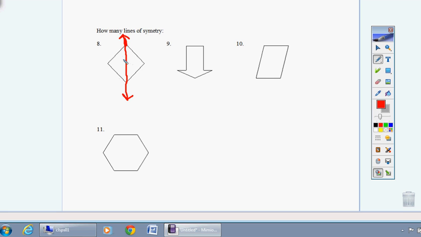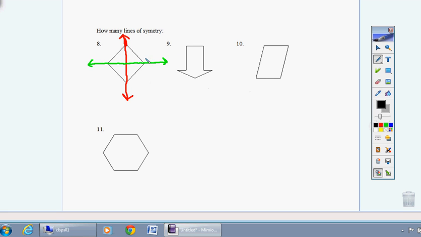So notice this side is the same as this side, so this would be a line of symmetry. Alright, same thing here. That's going to give me a line of symmetry because this side of the line and this side of the line are exactly the same. They're symmetrical.